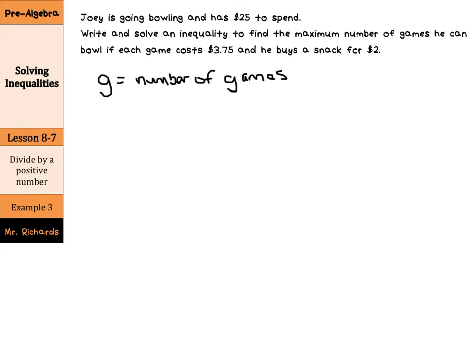So he has $25 to spend. We'll deal with that next. Each game costs $3.75. So we're going to take $3.75, multiply that by the number of games he's going to play, g. We have to include the snack for $2. And now that's going to be actually less than or equal to 25.